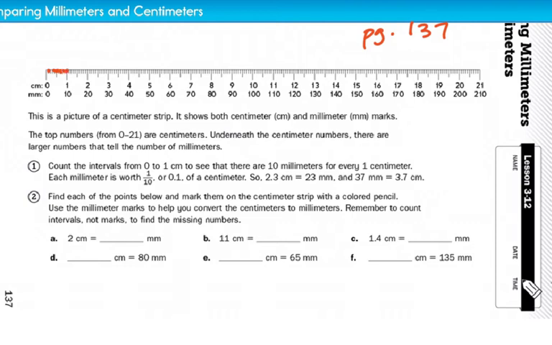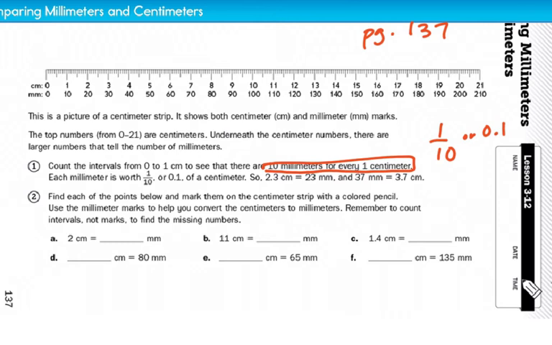There are 10 millimeters for every 1 centimeter. In other words, each millimeter is worth 1/10, or we would write it as a decimal, of a centimeter. So 2 3/10 centimeters is the same thing as 23 millimeters, or 37 millimeters is the same as 3 7/10.